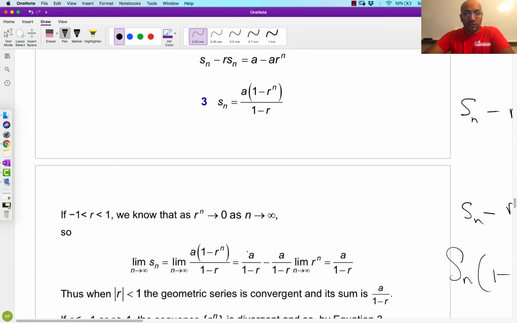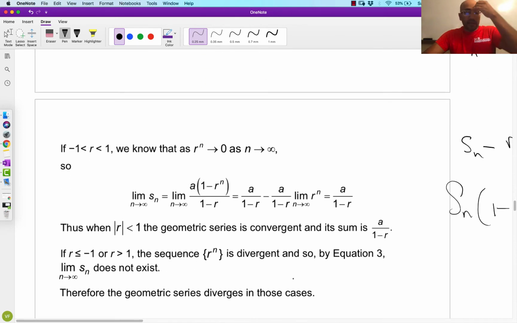For the second fraction, again, we can separate the constant 1 over 1 minus r because there's no n there. This limit only affects the terms that have an n in them. And this will go to 0 whenever this is true. So if r is between -1 and 1, then the limit exists and it's equal to this formula.